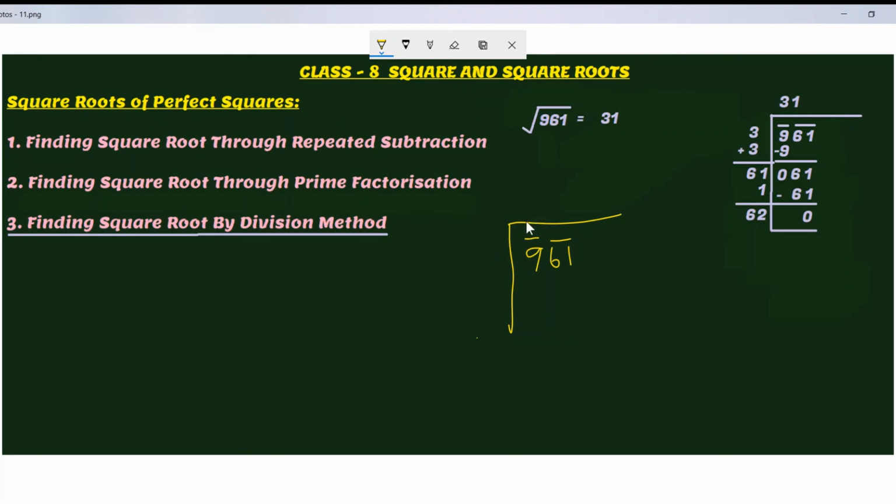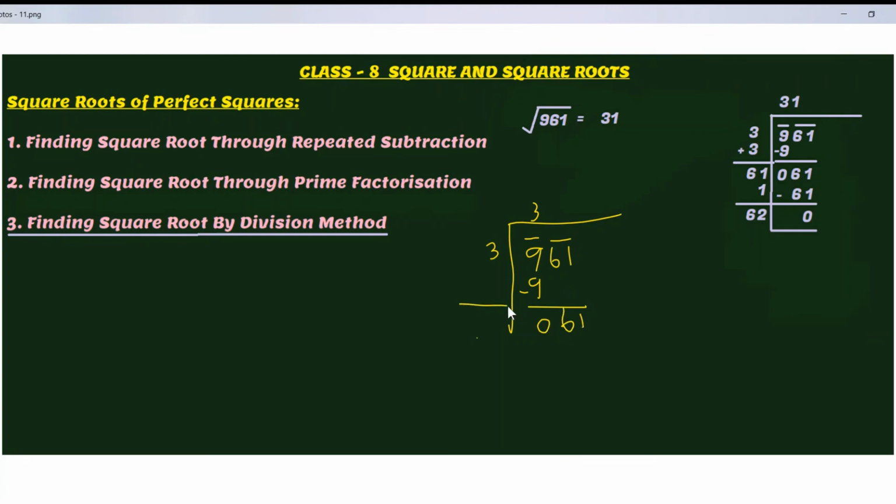Both divisor and quotient should be the same number. If you multiply these two numbers, you will get less than or equal to 9. Here our number is 9, so we can take 3. 3 3s are 9. Then you need to subtract this. If you subtract, you will get 0, and then drop down the next pair, 61.